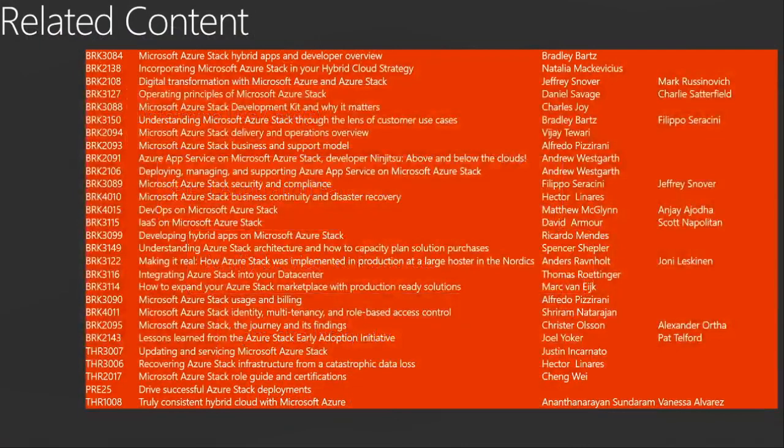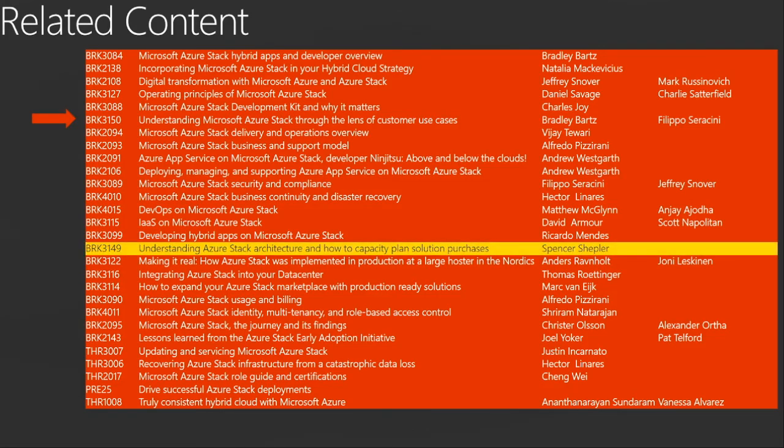Last slide. Azure Stack is a huge investment from Microsoft. It's a massive bet. As you can see, we have something like 28, 30 different sessions here at Ignite, so you have a lot of content in case you want to know more about Azure Stack. I strongly recommend this one here, as I mentioned earlier, from Spencer Shepler.